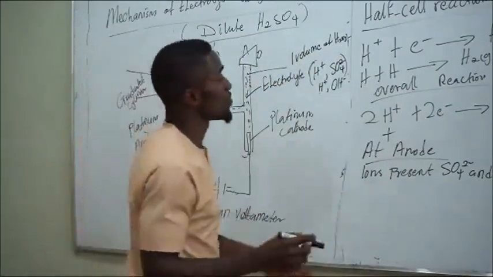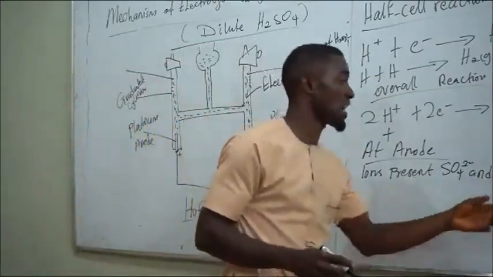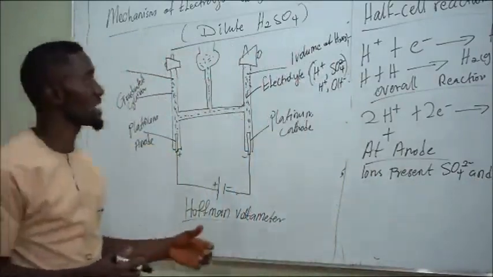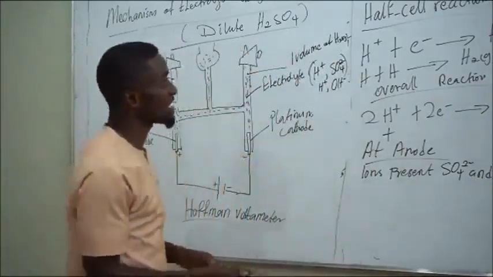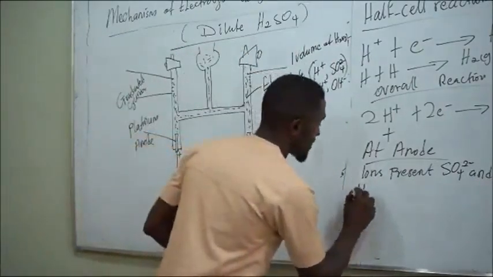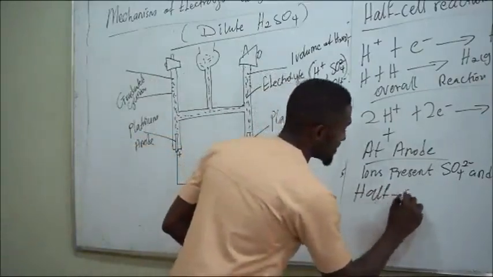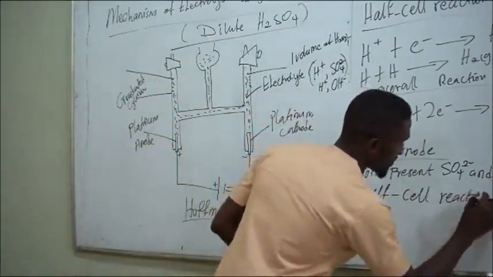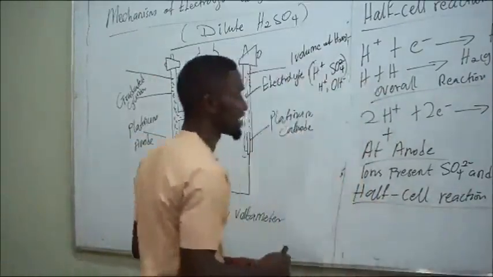Then at the anode, we have the sulfate ion and hydroxyl ion. So when we go back to the electrochemical series, we can easily observe that the hydroxyl ion is lower in the electrochemical series. So it will be preferentially discharged.